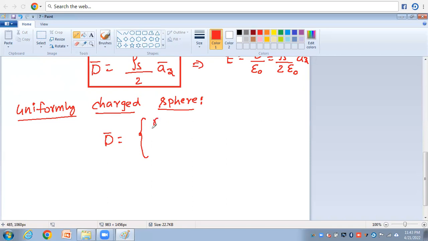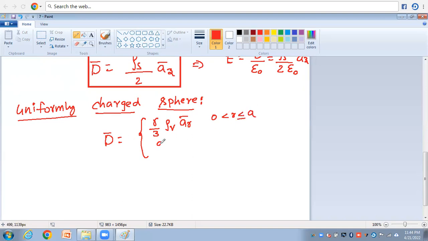One is r by 3 with respect to rho v a r bar, for 0 less than r less than or equal to a.